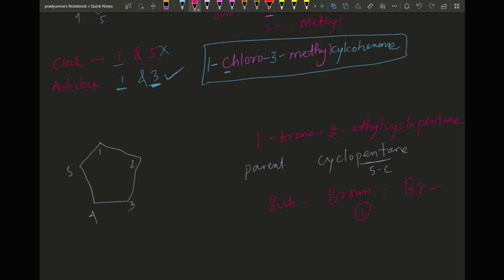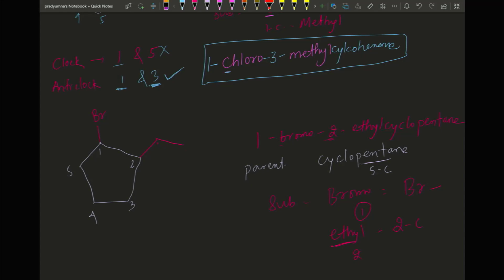Location is carbon atom 1. So let's put bromo there. Then substituent 2 was ethyl. Ethyl is how many carbon atoms? 2 carbon atoms. And where is the location? Location is 2. So on location 2, we're gonna add 2 carbon atoms. So this is carbon atom 1 and this is carbon atom 2. Each corner is a carbon atom.